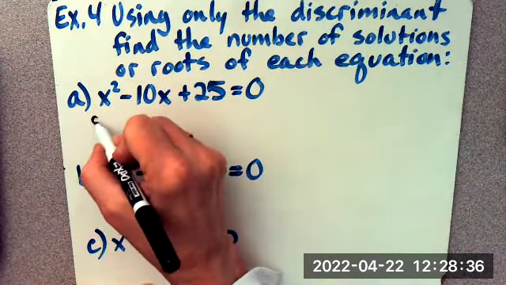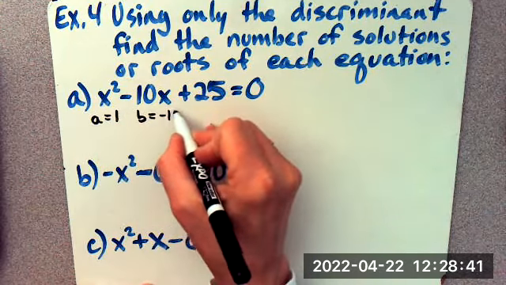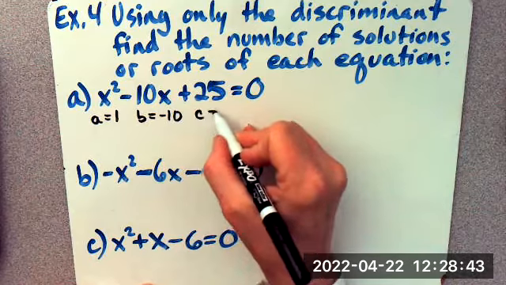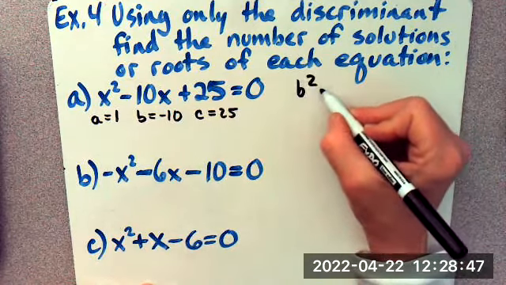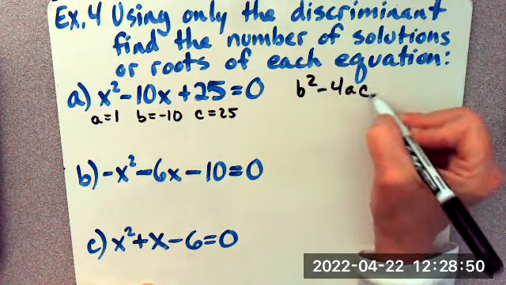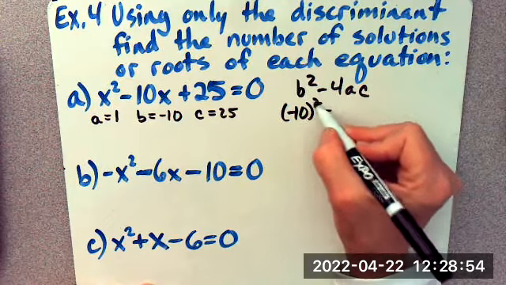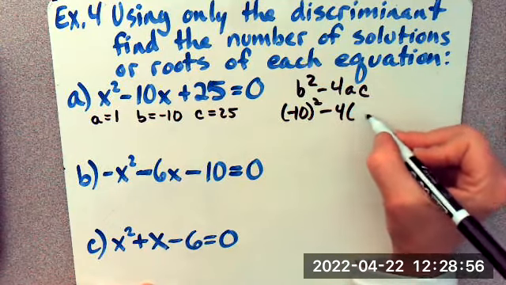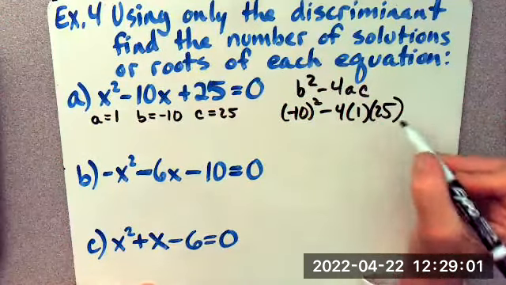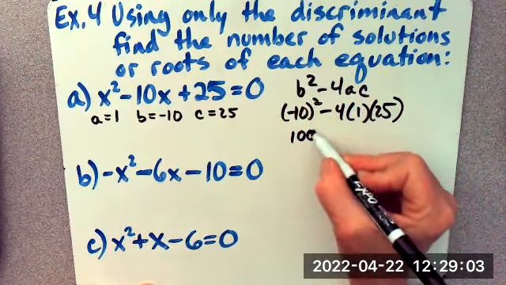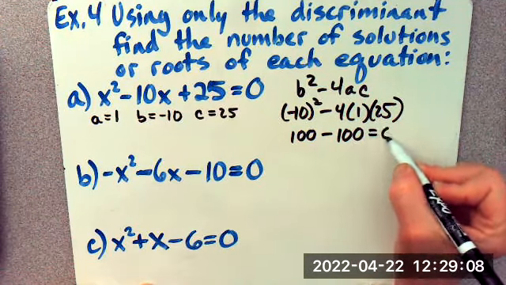So a here equals 1, b is -10, and c equals 25. So if we look at b squared minus 4ac, we have -10 squared minus 4 times 1 times 25. So this is 100 minus, and that's also 100, so this equals 0.